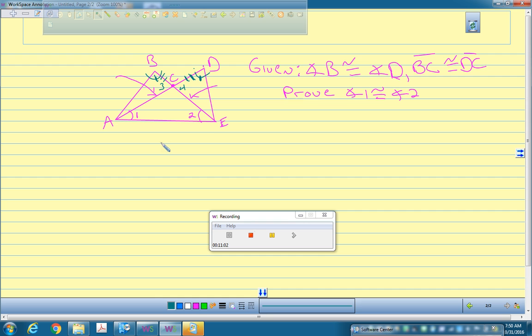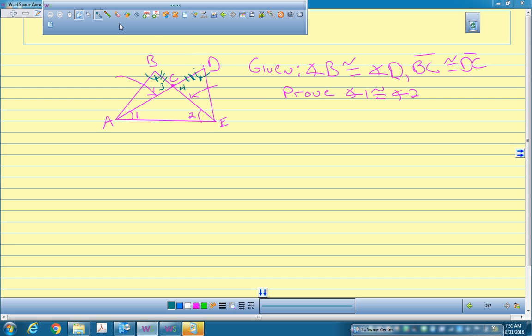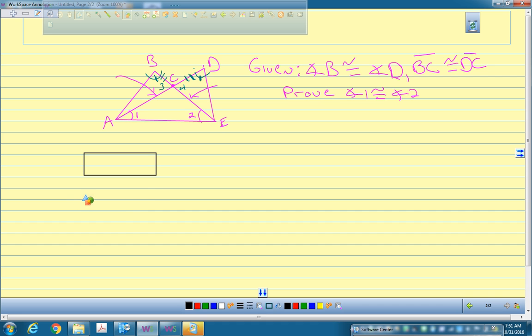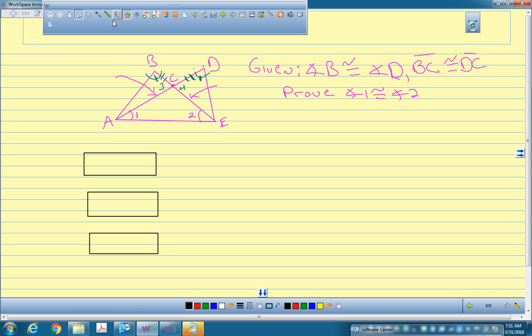And so what this looks like in a flowchart proof, okay? You start with what you're given, okay? So I'm going to do, where's a little, is this my shape tool, okay? So I'm going to put a box here. I'm going to put a box here. I'm going to put a box here. I might need more room when I get here.